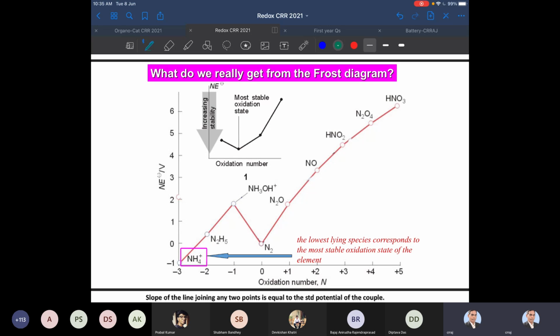Now, in acidic solution, keep in mind, acidic, that pH is very important. In acidic solution, the most stable oxidation state, or the most stable species of nitrogen, is NH4 plus.